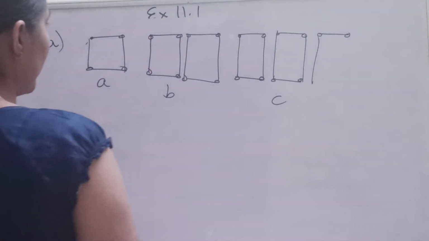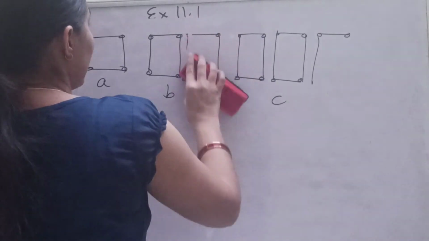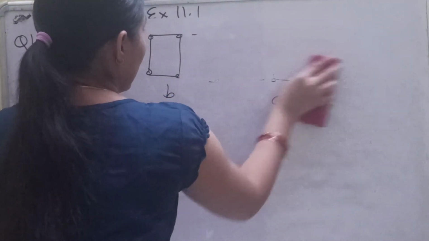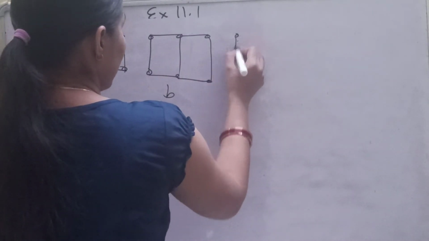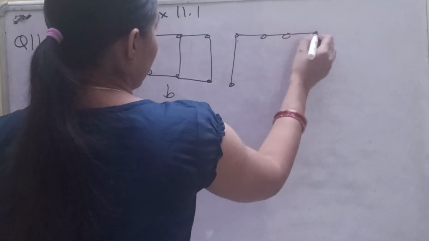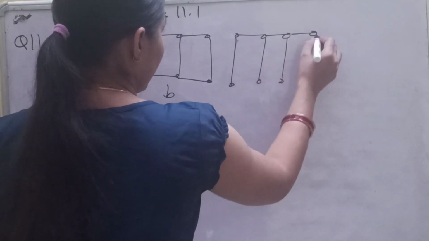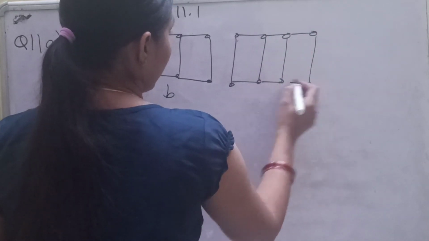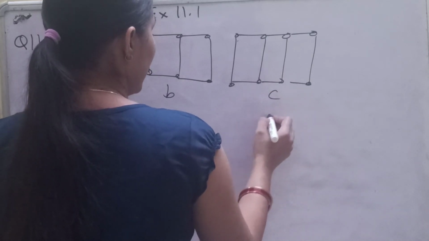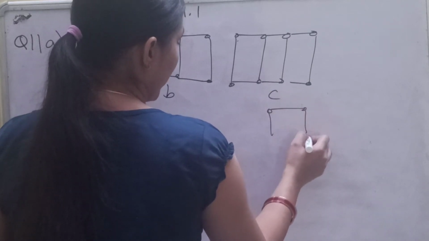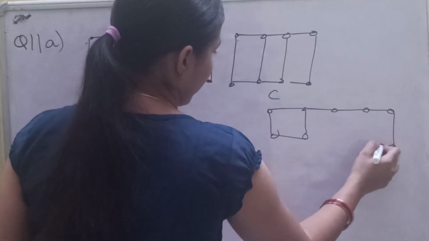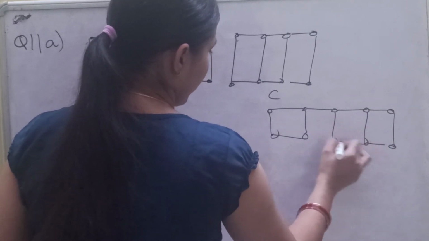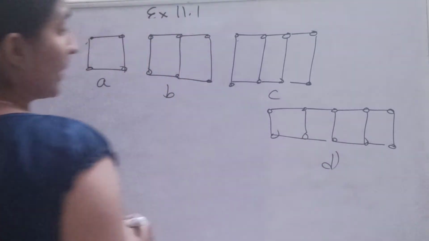Sorry, these are joined together. These are not separate, these are joined together. This is C, then here I am drawing part D. This is your part D.